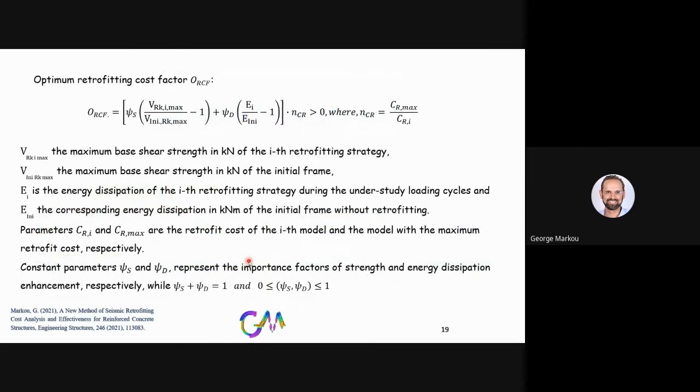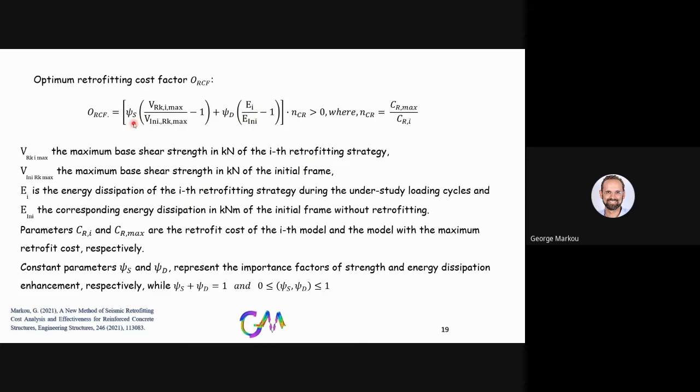So an optimum retrofitting cost factor was developed that takes into consideration, as you can see, the maximum base shear of the retrofitted structure and the initial framing system, of course, and the energy dissipation. So these are found here and there in this part.